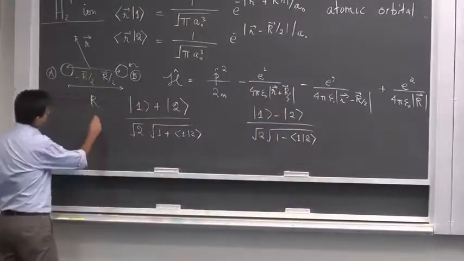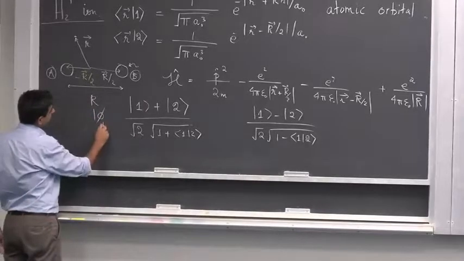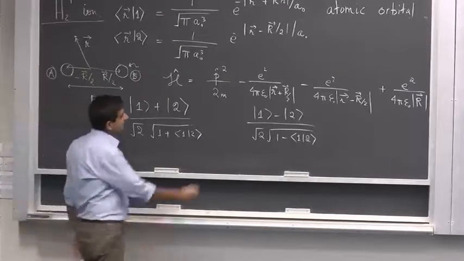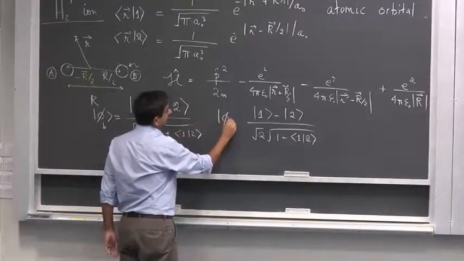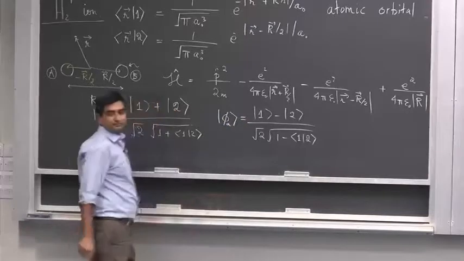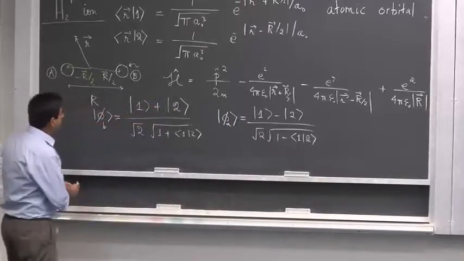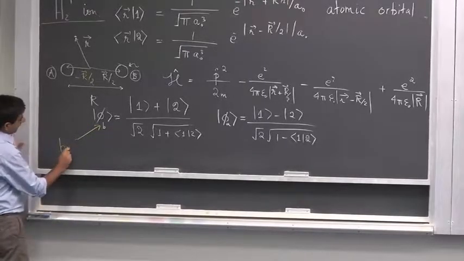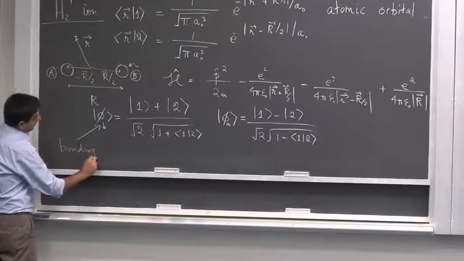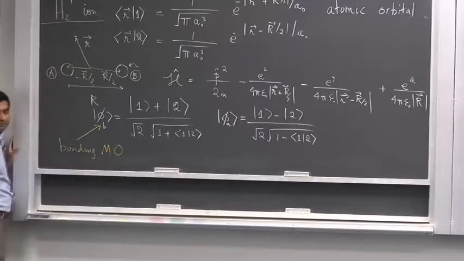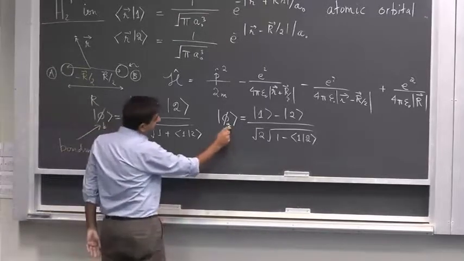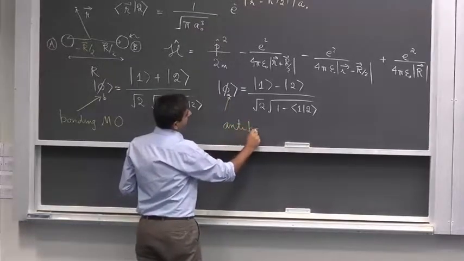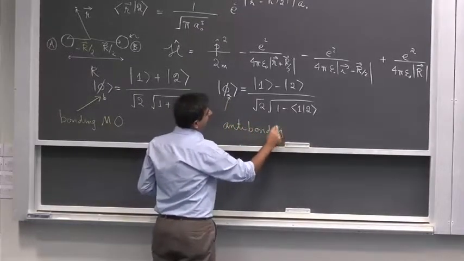Let's label one of these states as phi b, and the other as phi a. The b means that we have what is called a bonding molecular orbital, and the a stands for an anti-bonding molecular orbital.